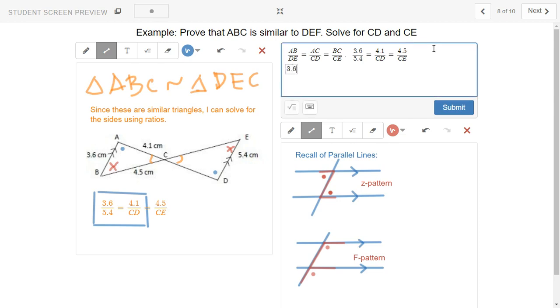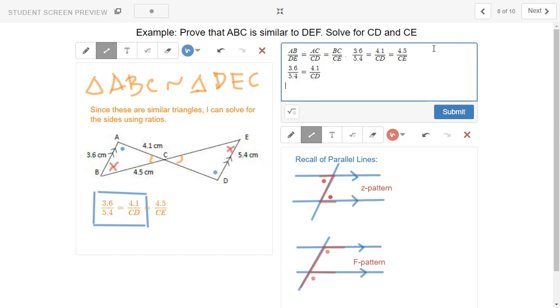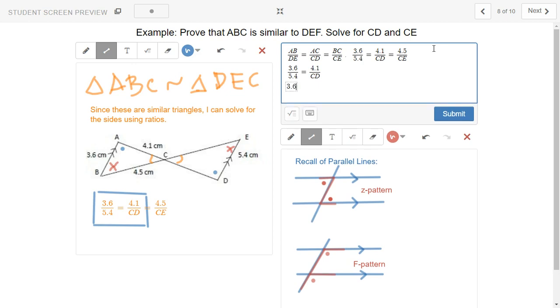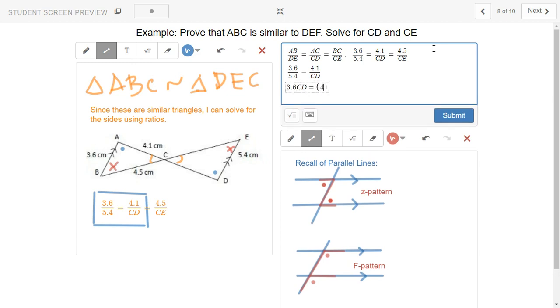Okay, so first one, 3.6 over 5.4 equals 4.1 over CD. Let's cross multiply. 3.6 CD is equal to 4.1 times 5.4.